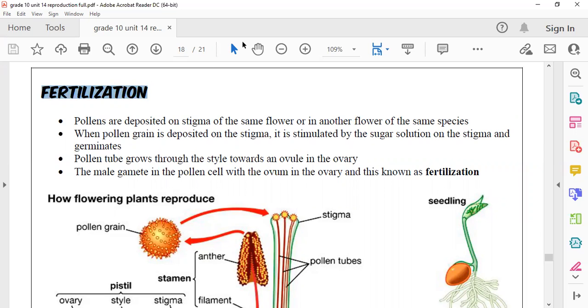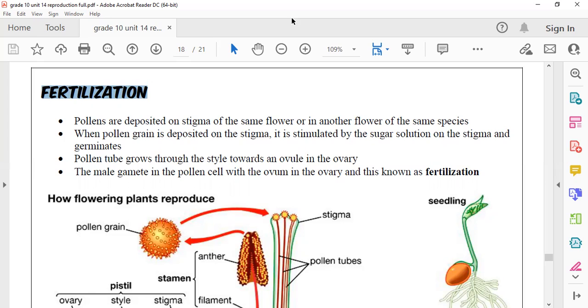That is the actual fertilization, right? So after pollination, fertilization should take place.